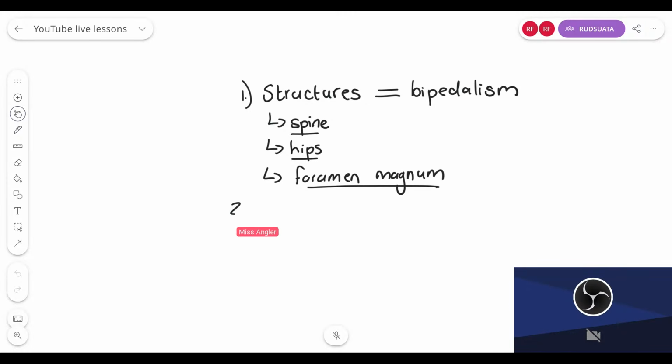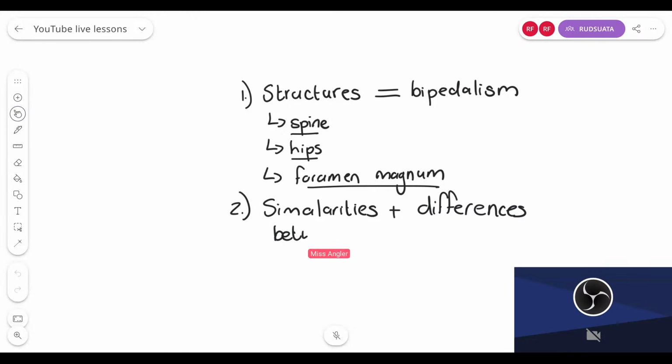The second thing that I would study and spend some time with is I would make a table of the similarities and the differences between apes and humans.